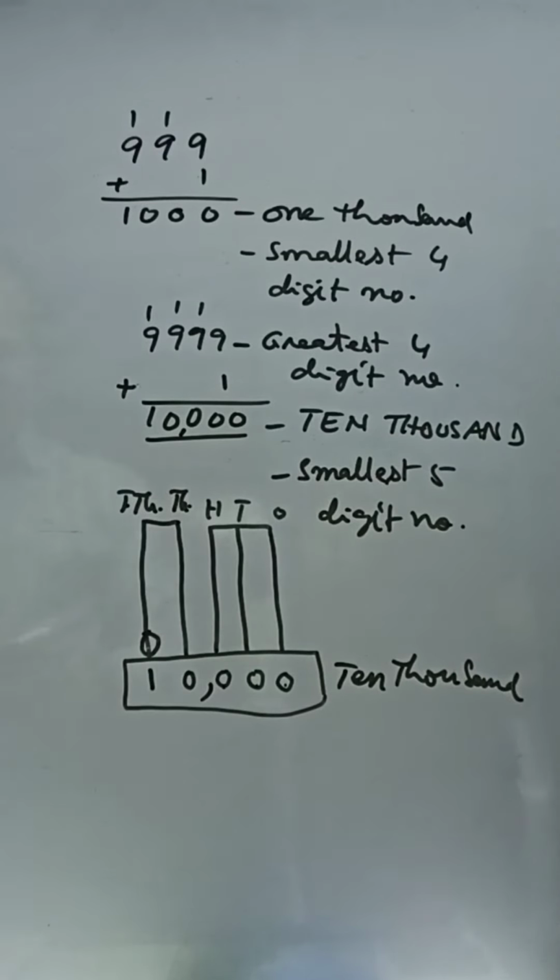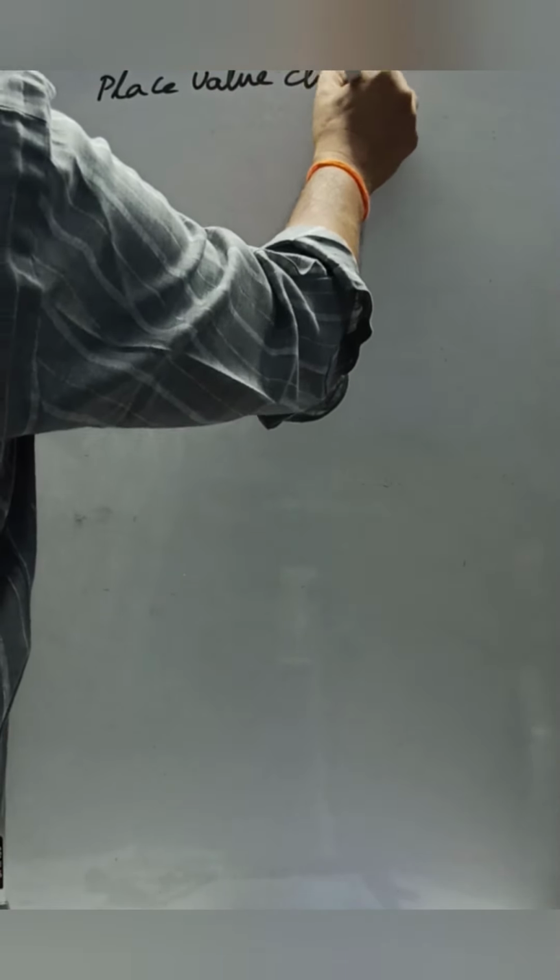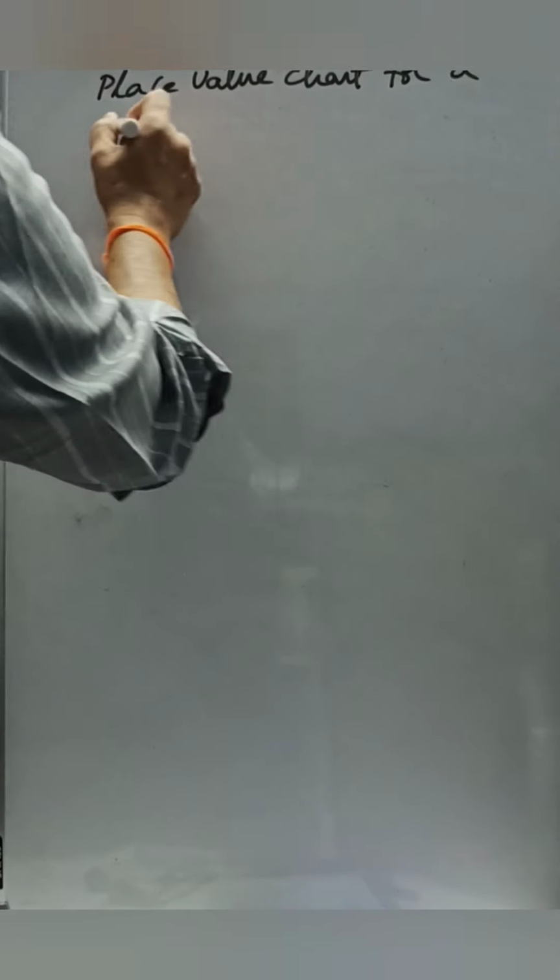Now let us try to understand the place value chart for a 5-digit number. Now we will learn how to write the place value chart for a 5-digit number.